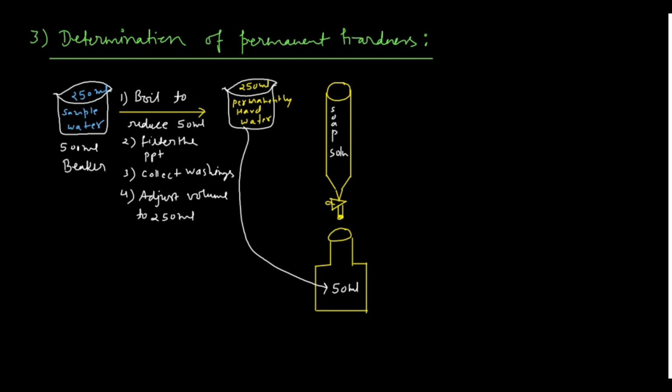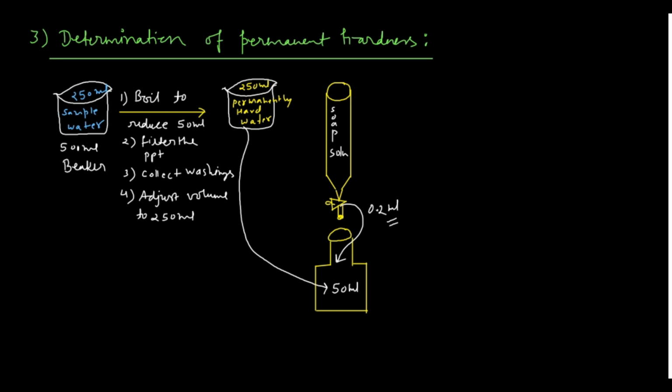So now from this 250 ml of water, I'll take 50 ml into the glass stopper bottle and fill the soap solution into the burette, and again I will proceed in the same way. That means the addition of 0.2 ml of soap solution. This is the standard procedure, but I'll prefer drop wise.